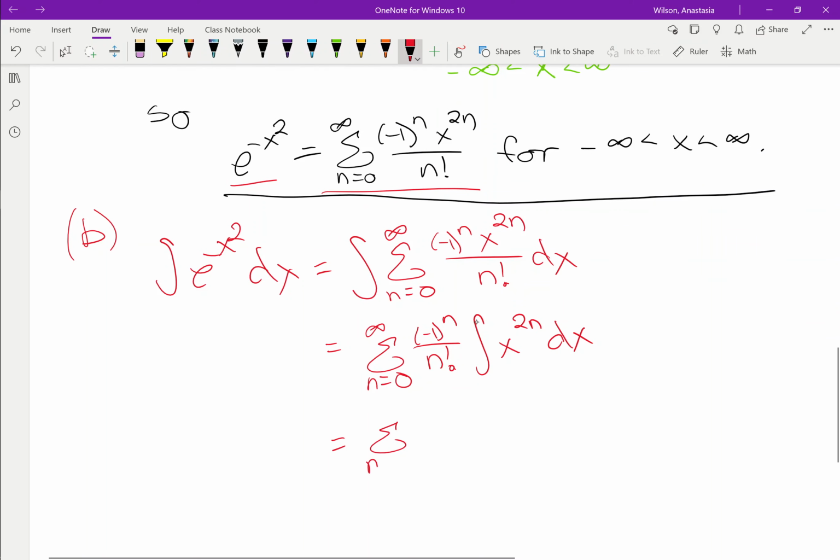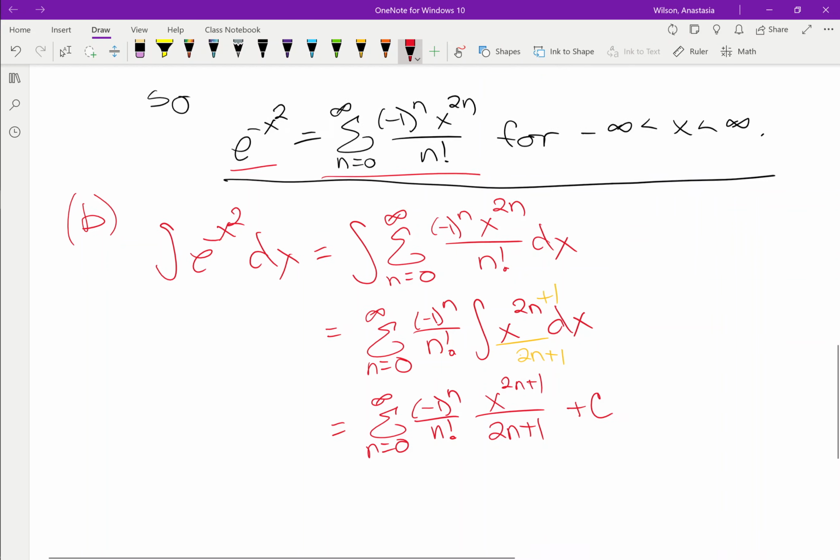So we have the sum from n equals 0 to infinity of negative 1 to the n over n factorial. Here we have x raised to a power, so we are going to add 1 to the power and divide by the new power, which will give us x to the 2n plus 1 over 2n plus 1. Since we are integrating with an indefinite integral, we do need to remember to add c.